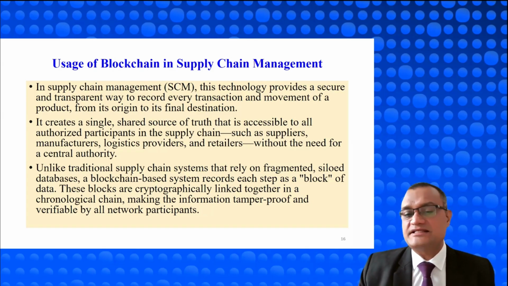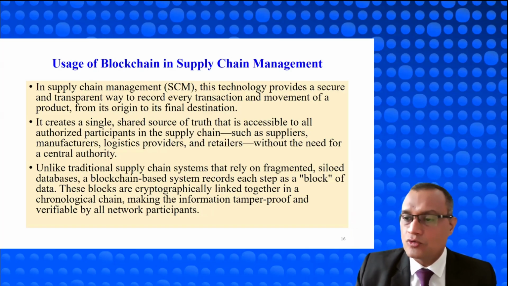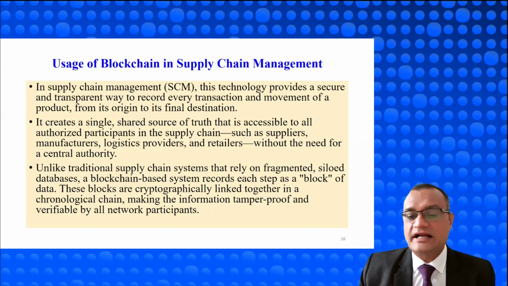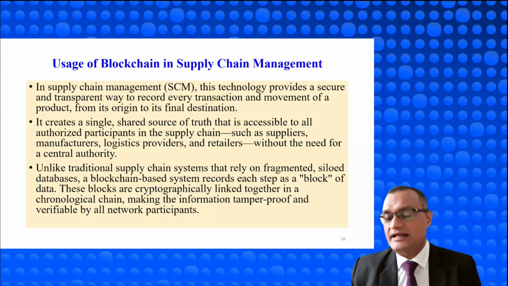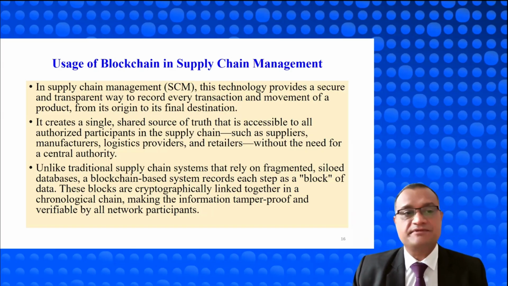Unlike traditional supply chain systems that rely on fragmented, siloed databases, a blockchain system records each step, whatever transaction you do, inventory transfer or fund transfer, as a block of data, and these blocks are cryptographically linked together in a chronological chain, making information tamper-proof and verifiable by all network participants.